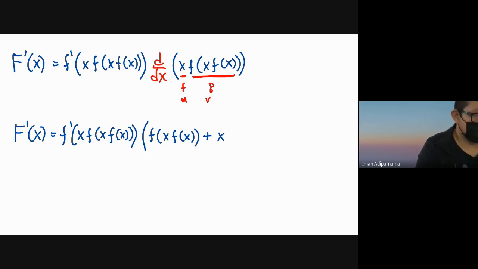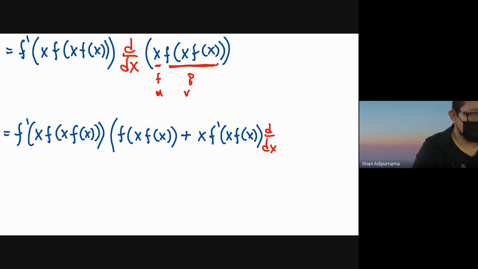It is another chain rule, right? x f(x), x f prime, d/dx of x f(x). Yeah, okay. So close bracket.